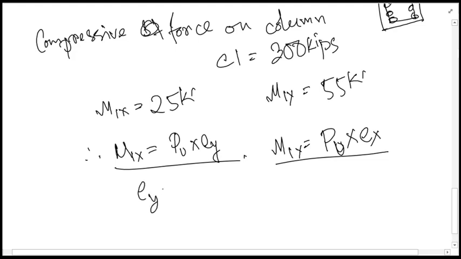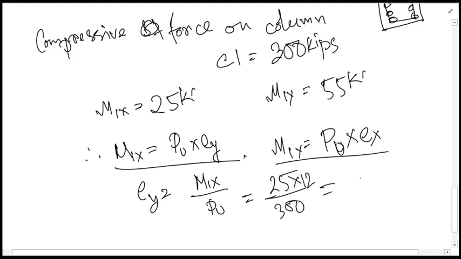So EY you can calculate as M1X divided by PU, M1X which is 25 and PU that is 300. If we multiply this by 12, as it is in feet, then you will get the EY value in inch, which is 1 inch.